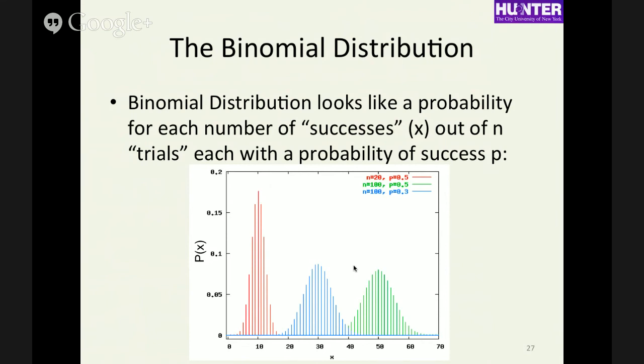And that's true. There will be uncertainty around that guess of success probability of 0.5. And that will have to do with the standard deviation or the spread of this binomial distribution.